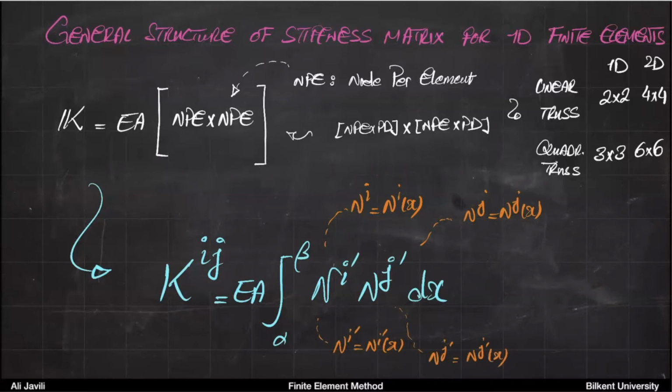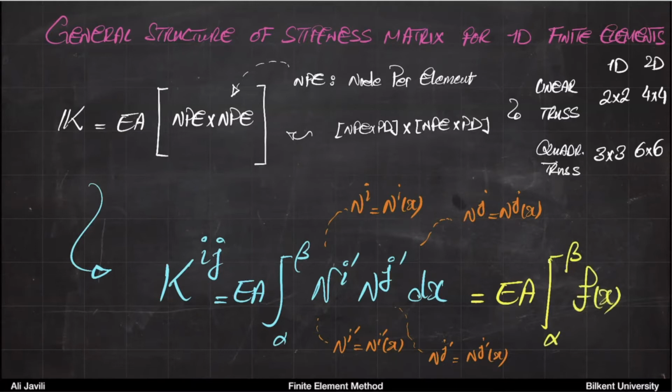So basically what we want to do is to replace this thing with a function of x. It's an integral from alpha to beta, but it's going to be a function of x eventually, okay, for simplicity. We don't want to keep repeating these i's and j's, but the goal now is to evaluate this integral.